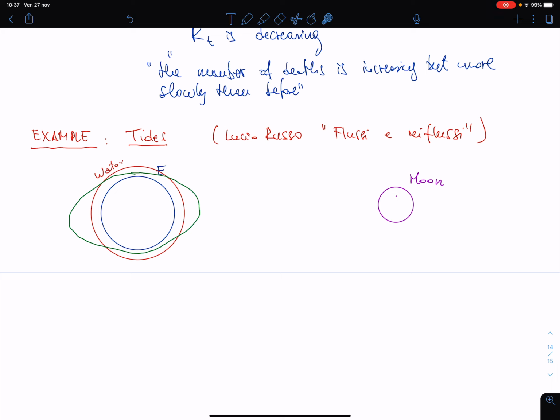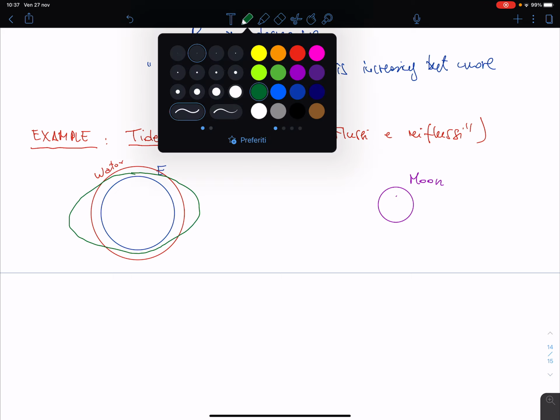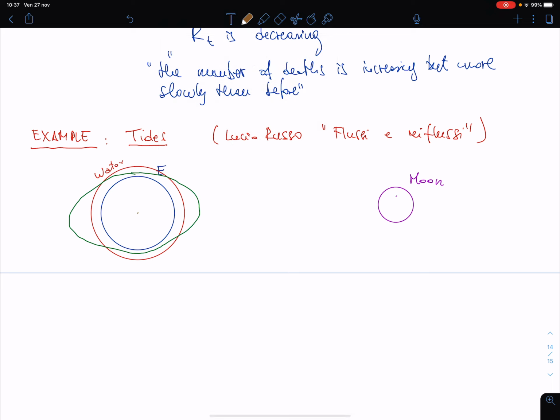Okay? So, now try to perform a computation about that. So, first of all, we use some symbols in order to do these computations. So the distance between the Moon and the Earth will be capital R. So R is equal to the distance Earth, Moon.